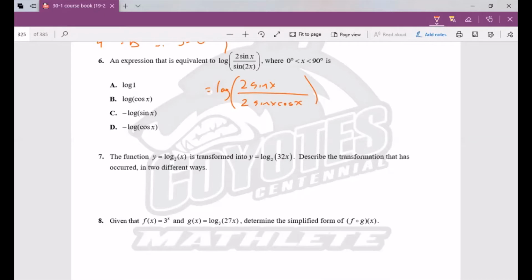This all divides out because this is just an expression inside the argument. Be careful. If you have log 2 sine x divided by log 2 sine x cos x, this is an entirely different thing, and you cannot just divide out this factor.